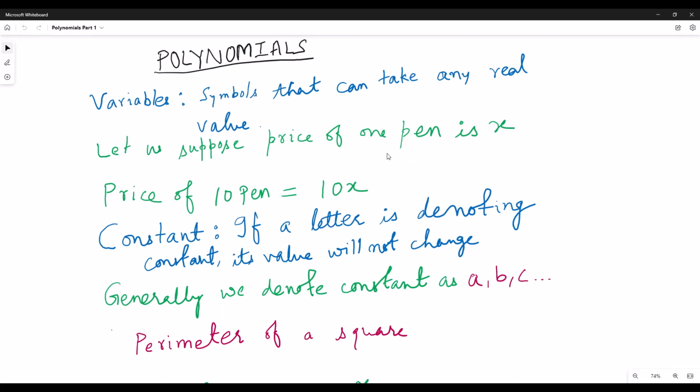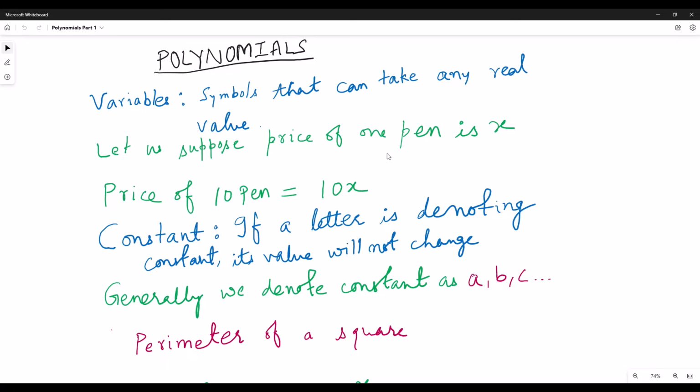Okay, so variables are the symbols that can take any real value. In any algebraic expression, we use symbols for variables and we use symbols for constants also. So if in an algebraic expression a symbol is a variable, then it will take any real value. And if we are using the symbol for a constant, that constant will be the same.